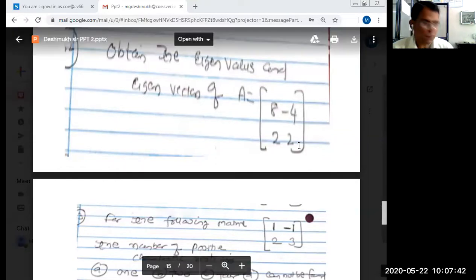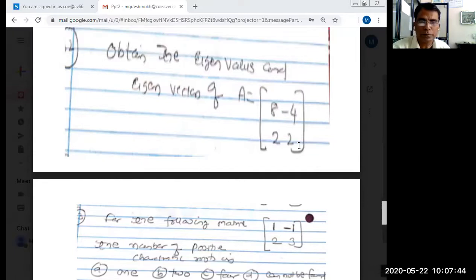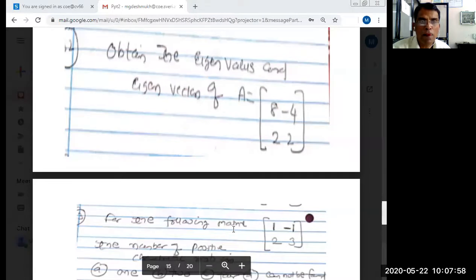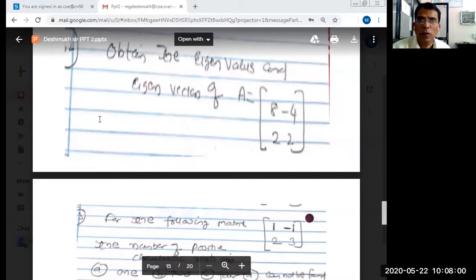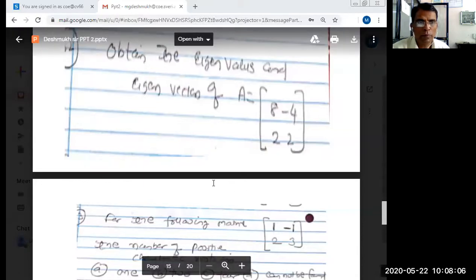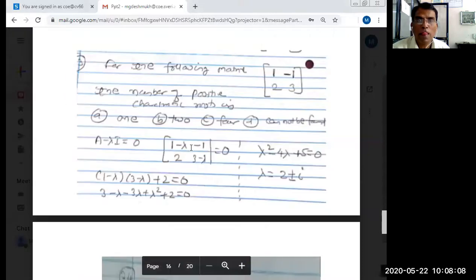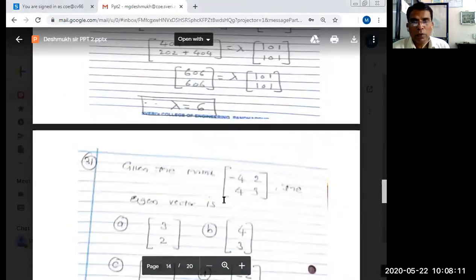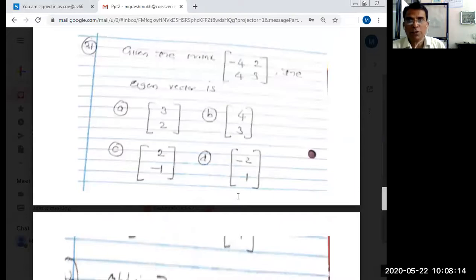If it is visible, please do this problem. What is the eigenvector? Put the answer in the chat box. Please do it.